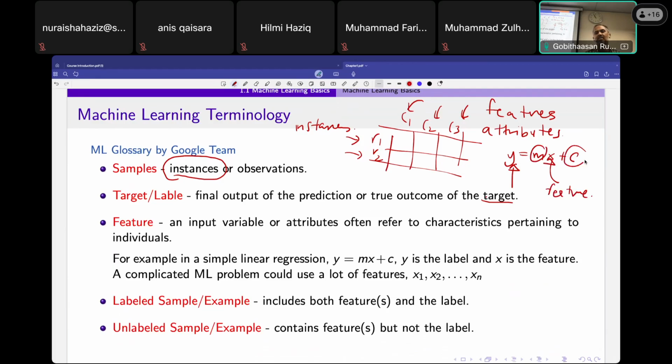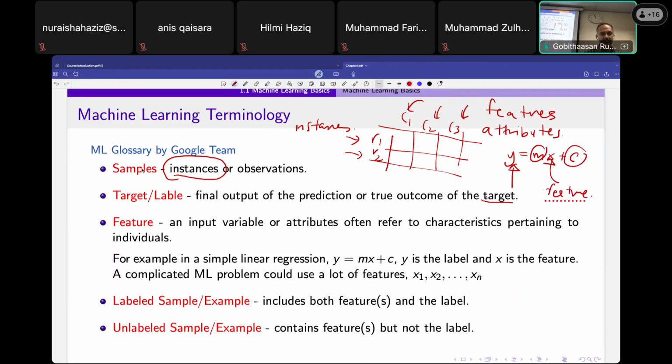M and C are just some numbers that I'm going to predict. Machine learning is going to give me what is M and C. I will give number of y's, number of x, push it in, and I'm going to give a new y. It's going to give me the result. What is y based on given x? That's what machine learning does.